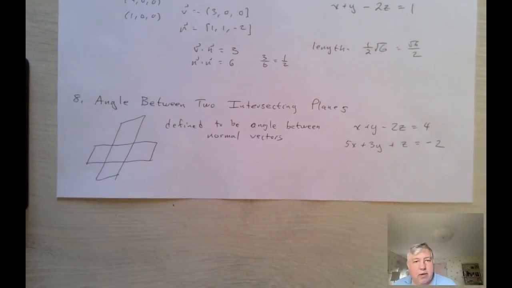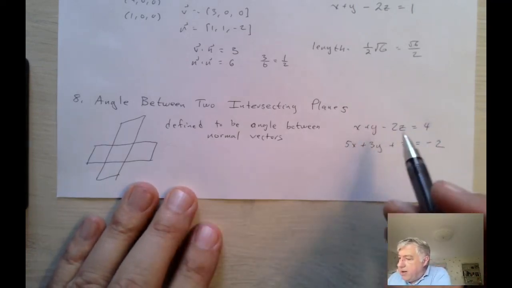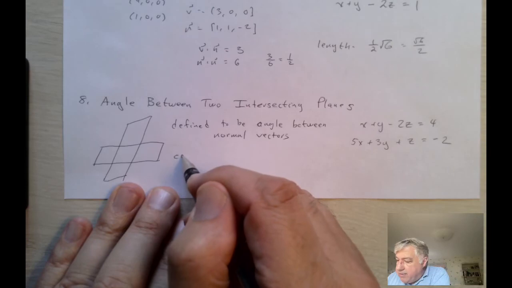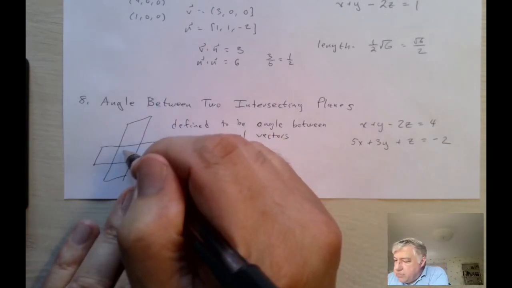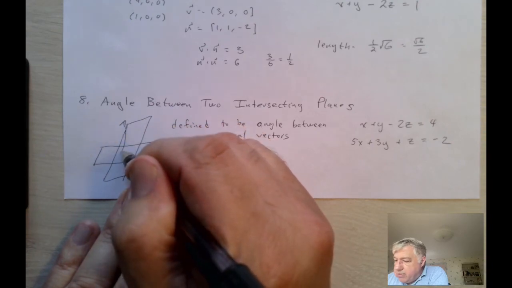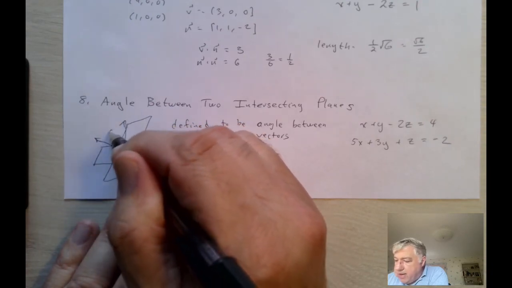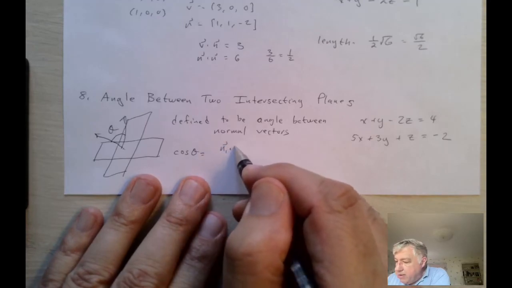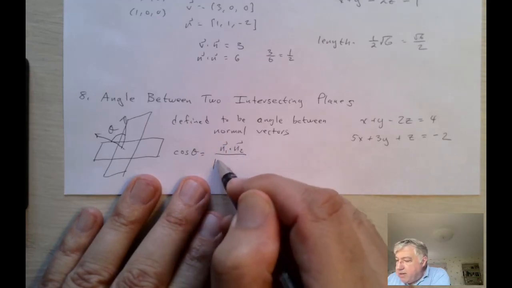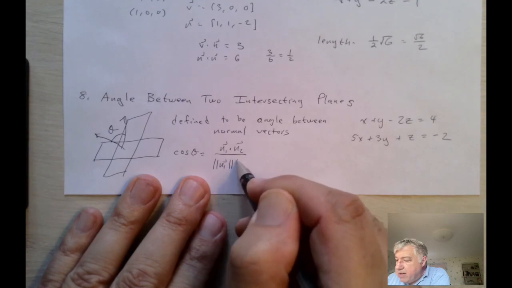That's how the book defines it. So the cosine of that angle, here's one and here's the other, and you want to find this angle right here. So the cosine is going to be n1 dot n2 divided by the length of n1 times the length of n2.